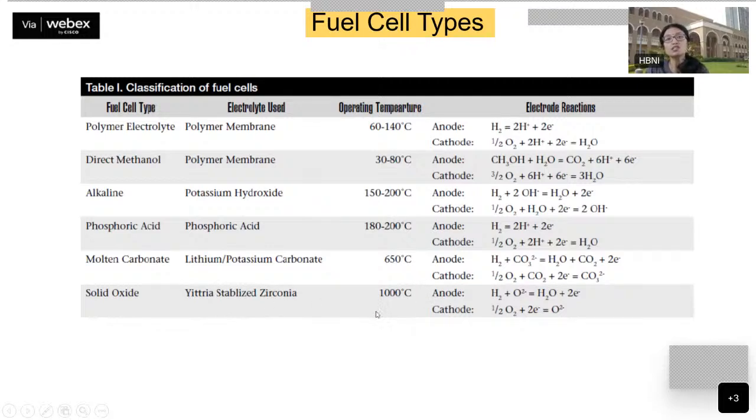The operating temperature is very high, 1000 degrees centigrade. The anode is hydrogen with an oxide and the cathode is lithium. So different types of fuel cell. In the alkaline fuel cell, the electrolyte used is potassium hydroxide. The operating temperature is 150 to 200 degrees centigrade, and the corresponding anode and cathode reactions are shown.